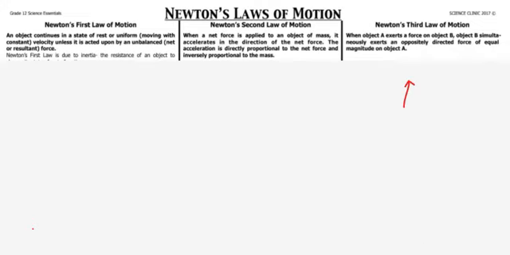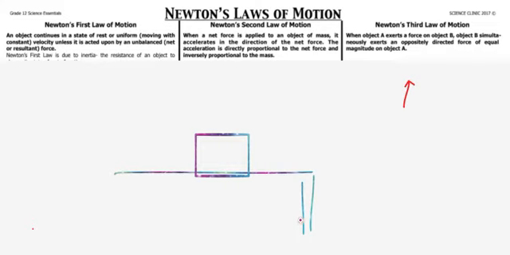Going back to my book problem. You have your book on the table. He said when object A exerts a force on object B, B simultaneously exerts a force of equal magnitude but opposite direction as object A did.